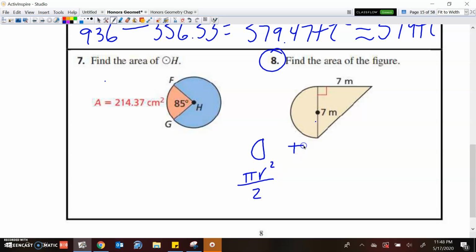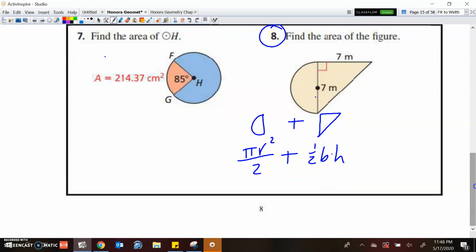And I'm going to add to that the area of the triangle, which is the formula 1/2 base times height. So all I need to do is sub in the values I'm given. This is going to be pi times 3.5 squared over 2, because the radius is only half. And then I add to that 1/2, my base is 7 times my height, which is 7.